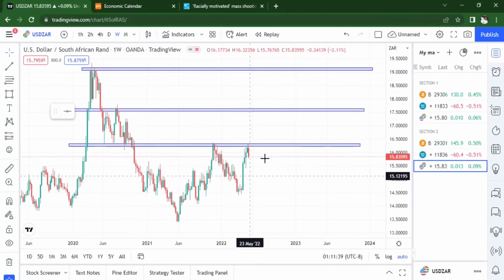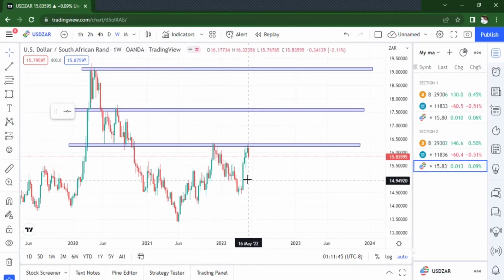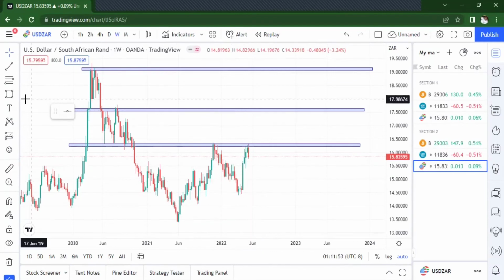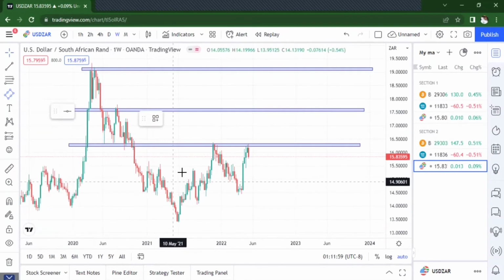USD at the moment is refusing to break this support, this resistance zone. So we are looking at here. I'm seeing a minus zone around here. Let's be guided, guys.